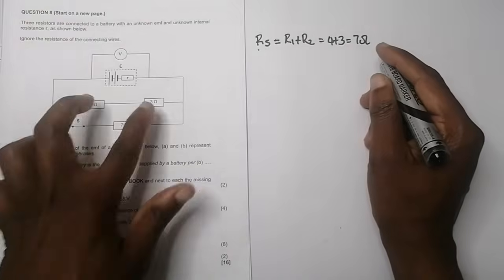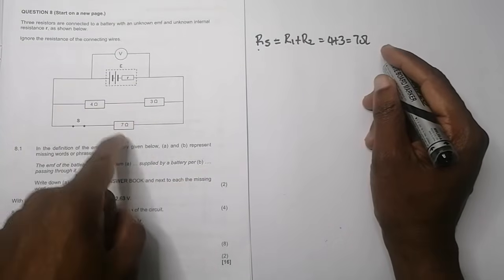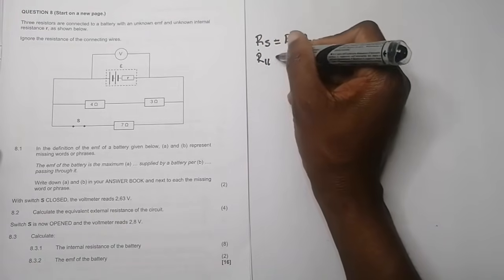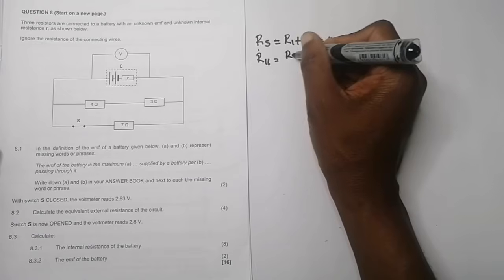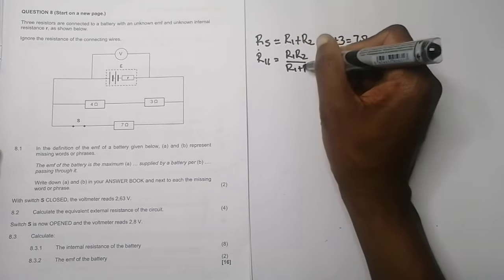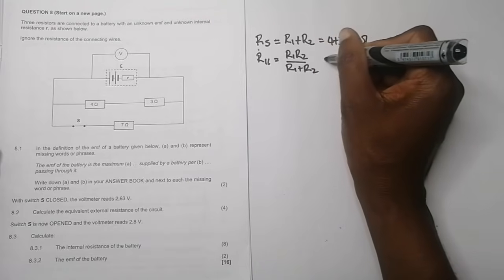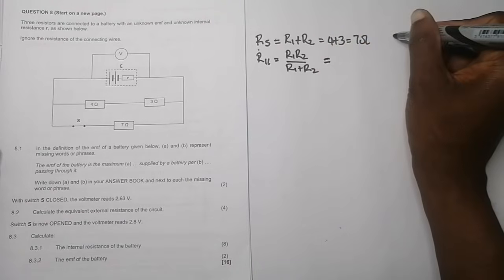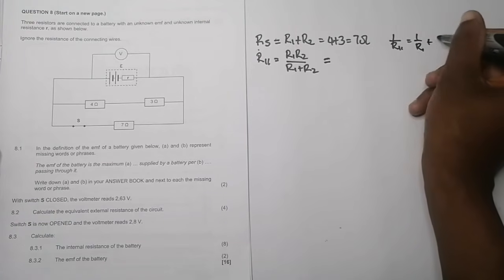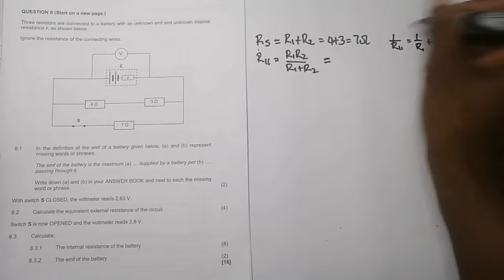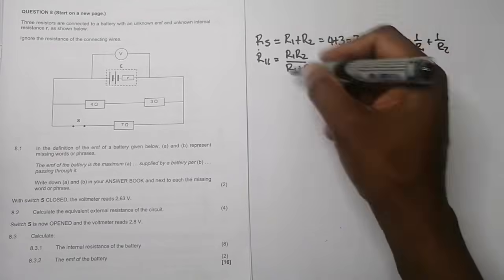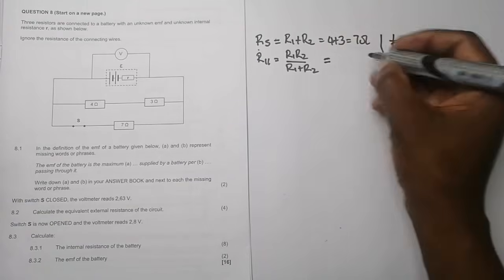Now, what do you notice? We've got a 7 ohm resistor in parallel with that 7 ohm resistor. So R parallel, I like the product over sum formula, product divided by the sum. Where do we take this from? We take it from the formula that says 1 over R parallel equals 1 over R1 plus 1 over R2. Please don't be alarmed thinking that we are changing things. When you simplify this, it works out to that.